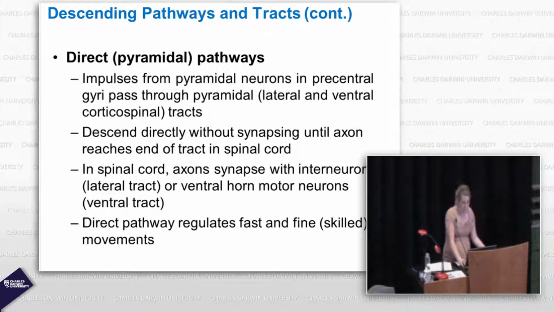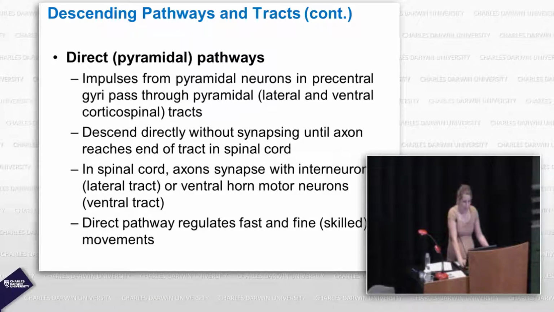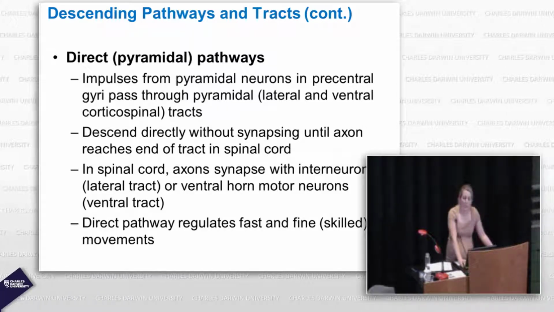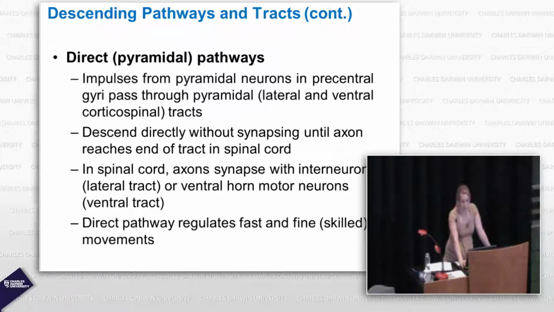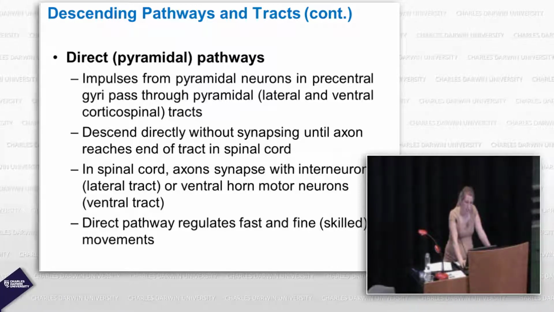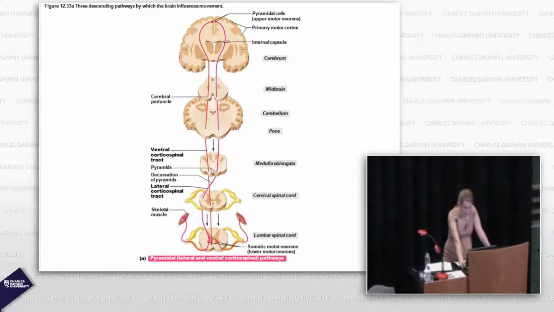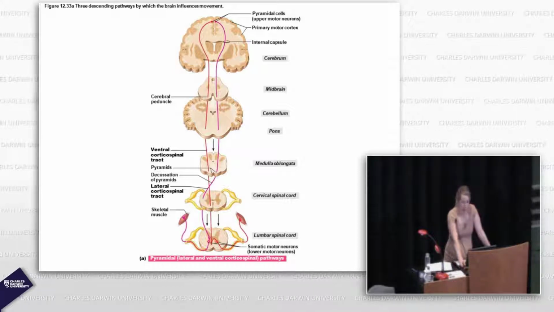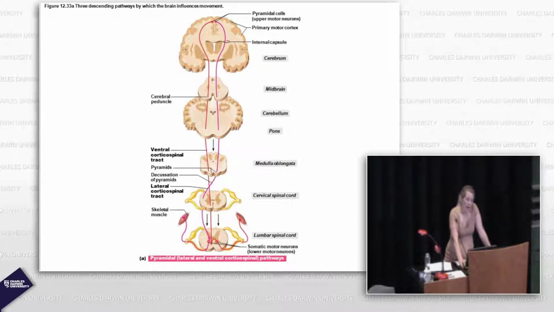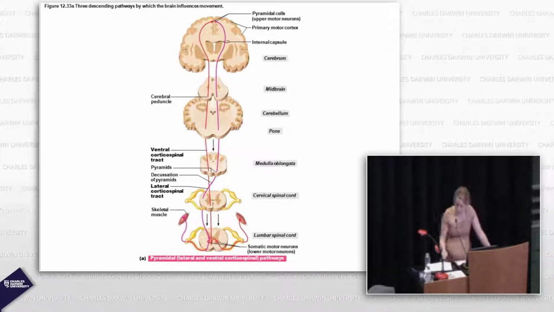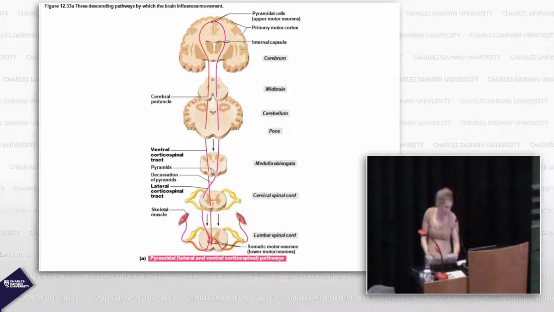So these direct pathways regulate fast and fine movements. It makes sense that you want to have direct pathways for these types of movements. We do have two pathways shown in this diagram, and they're both crossing over at different points.